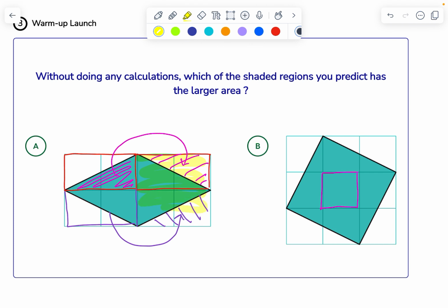How many full squares are now shaded in for A? What do you notice about B?